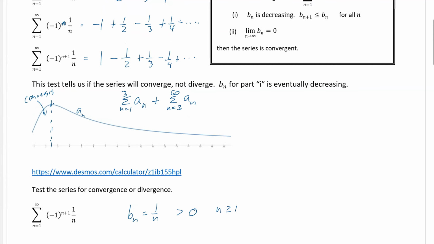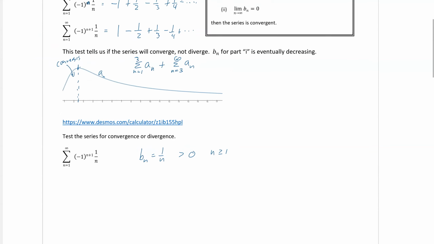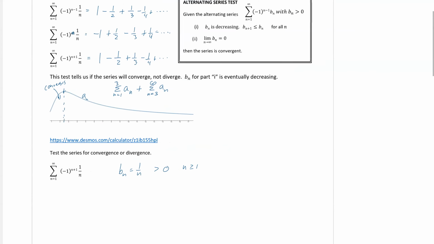Number 2, b sub n needs to be decreasing. So let me zoom out. We could take the derivative and show that it is negative, which would work as well. But it's quicker just to see, if you can use it, that b of n plus 1 is less than b of n. So if we have b of n plus 1, that would just be 1 over n plus 1. And our b of n is equal to 1 over n. And so you can see that this one is less than or equal to, if you want to put it on there as well.